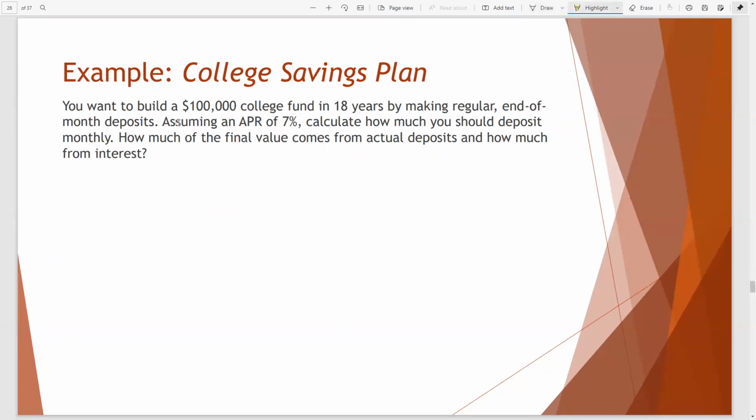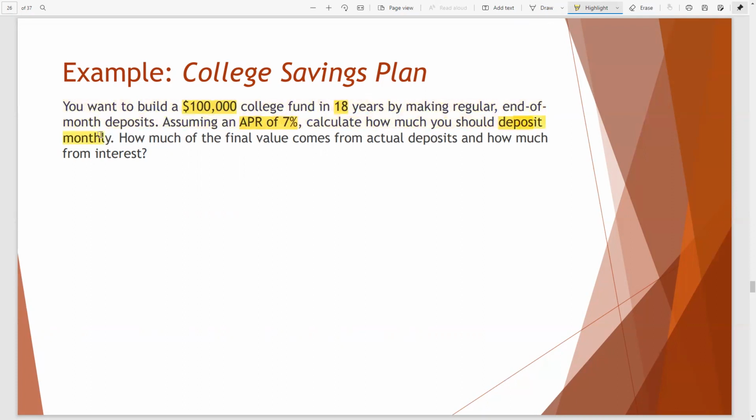Right, so this time, this question I just analyzed for you again. I will build a 100,000 college fund in 18 years by making regular end of month payments, and the APR is 7%. Calculate how much you should deposit monthly. It's kind of backwards.